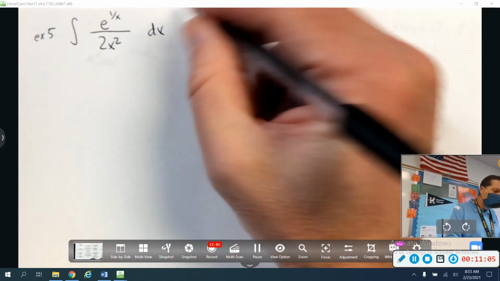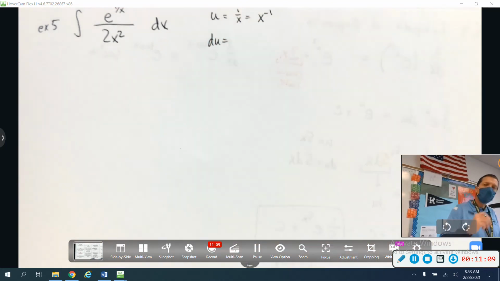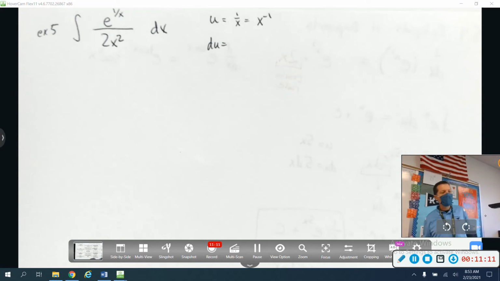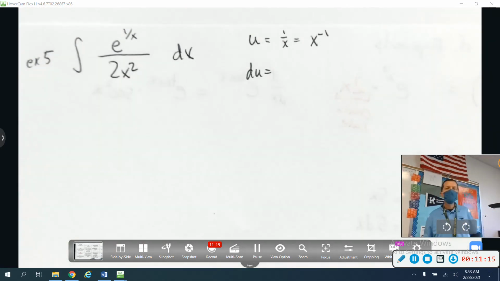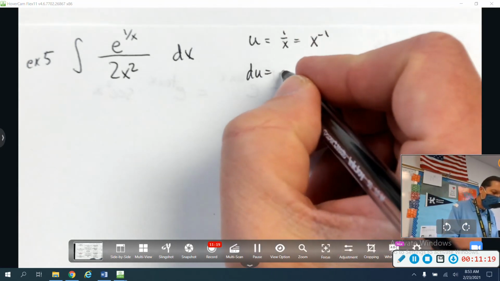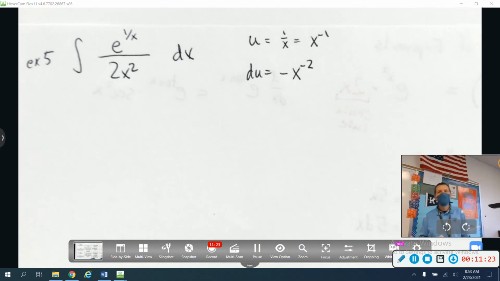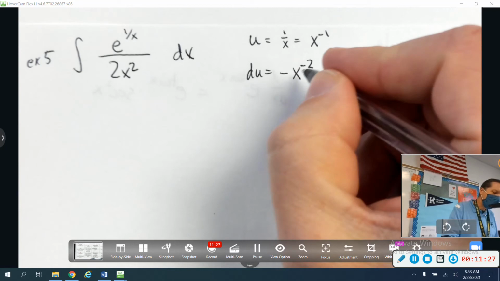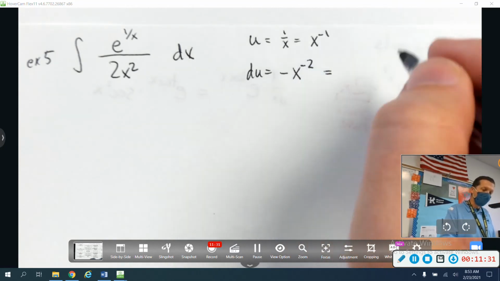So let's let u be 1 over x, which I might need to rewrite as x to the negative 1 so that I don't mess this up. So that derivative would be negative x to the negative 2, which again, I don't like negative exponents, except that they're much easier to take derivatives of.